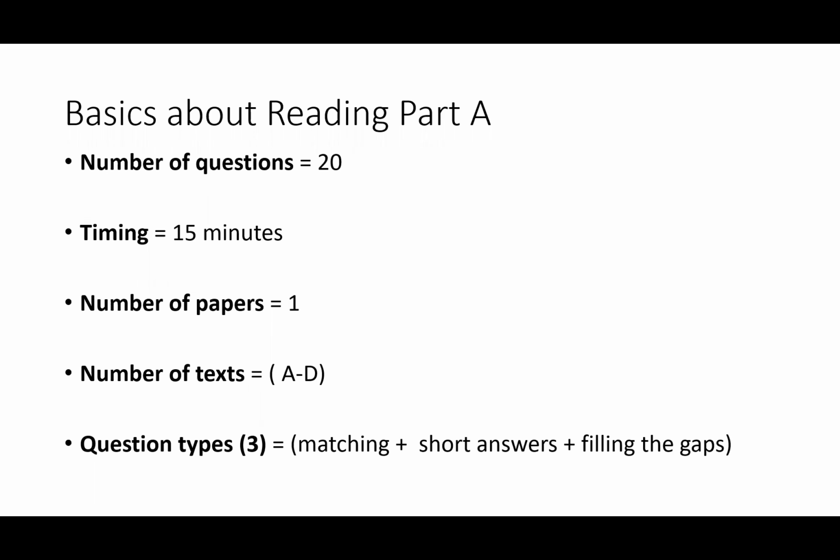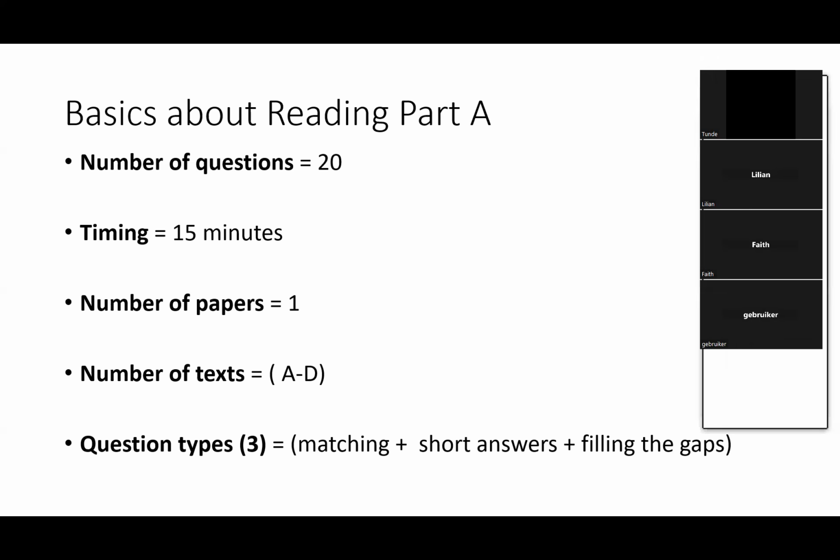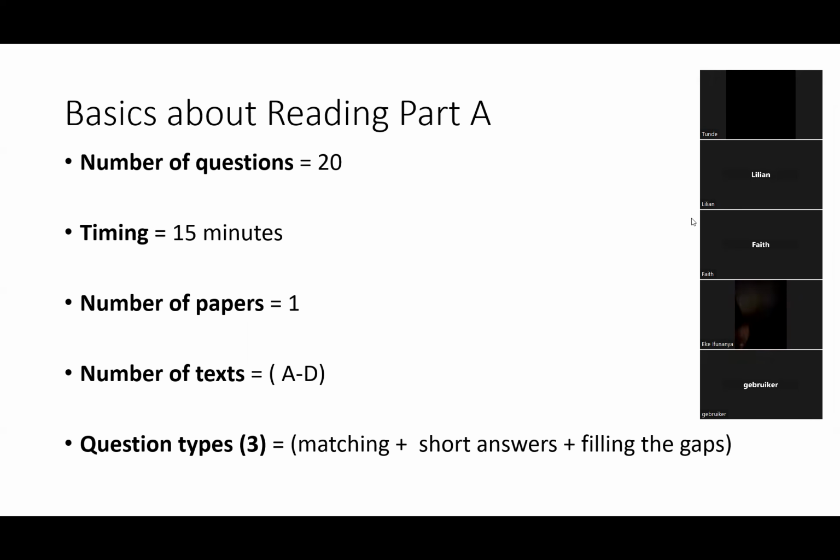You have 42 questions in total for reading parts A, B, and C, and out of these 42 questions, you have 20 questions, almost half of the questions, in your part A. Meaning if you can get those 20 questions, you've already gotten 20 out of 42. And the good thing is you don't even need 42 to pass. What you just need to pass is just 30.